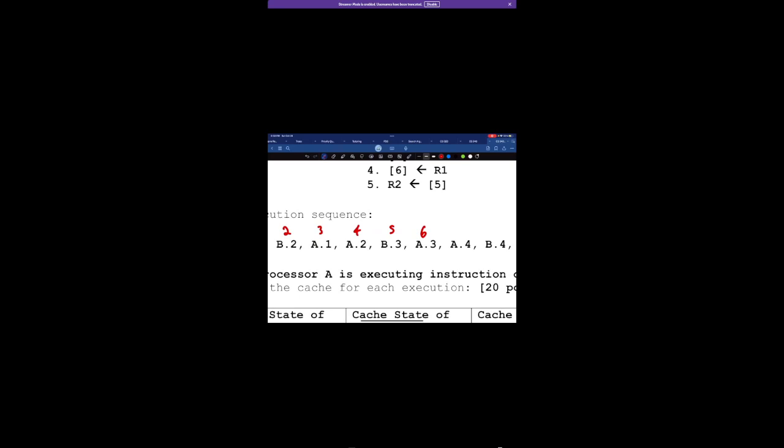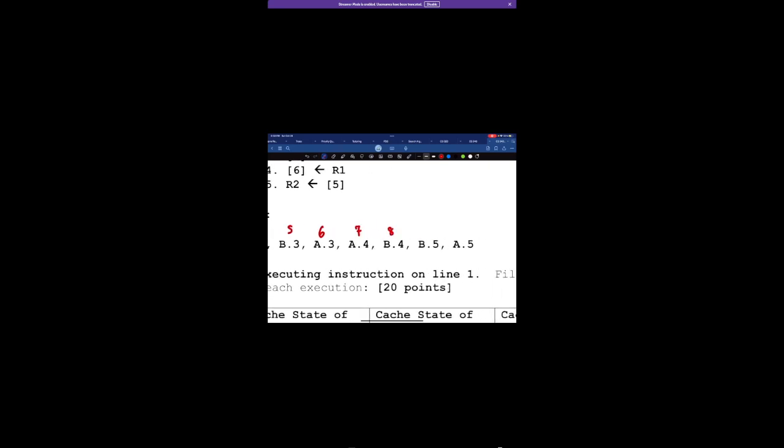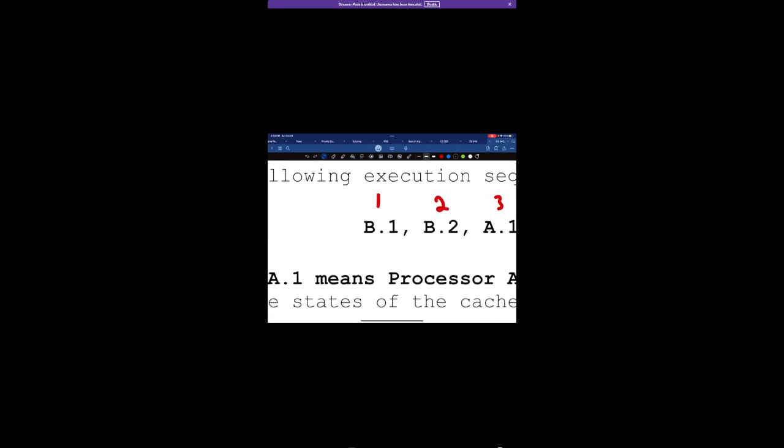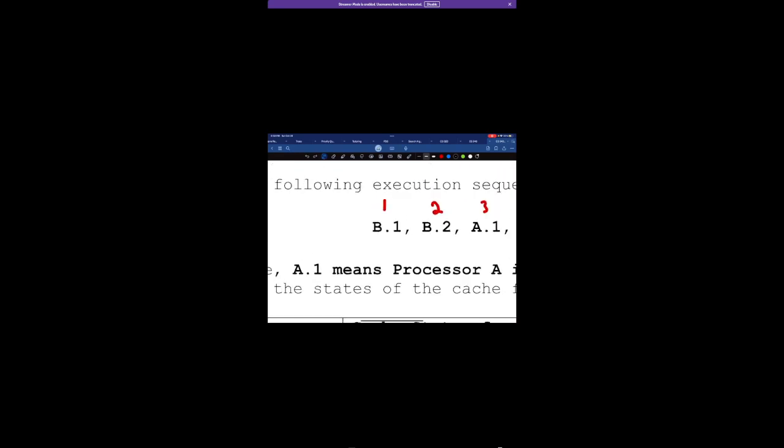Right? An execution step. What I recommend is doing this. Going to the top. 1, 2, 3, 4, 5, 6, 7, 8, 9, 10. Meaning that whatever the output is on number 1, that's going to be this, 2, that, and etc. Right, so number 1 says we are on processor B running instruction 1.